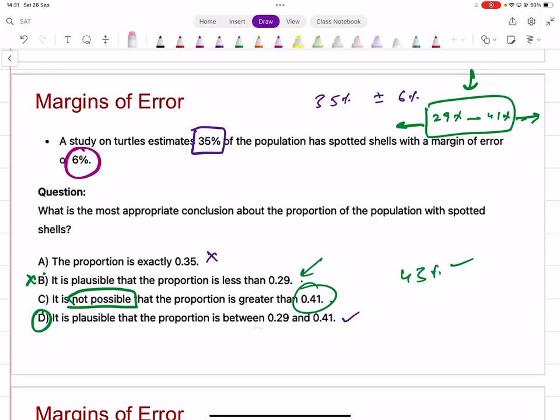So we cannot say using this result that the proportion cannot be greater than 0.41. It is still possible. So that's why C is also incorrect. Is that okay? Any problems?